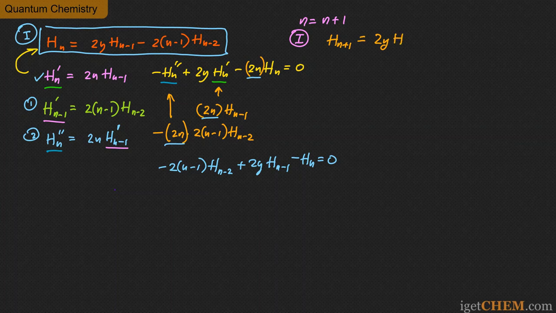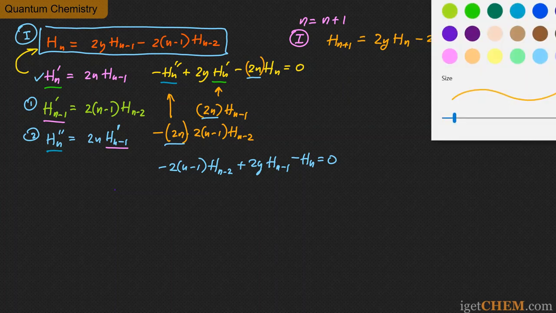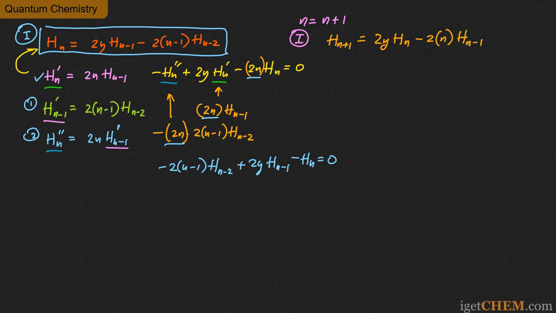Now, because n is n plus 1, if you put that into that equation, this becomes H_n. And again, now n is n plus 1, so this is n plus 1 minus 1. So this is 2n, and this is multiplied by H_{n-1}. So the same relationship you can write for a different index like that.